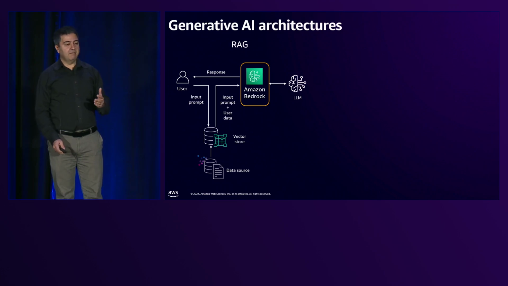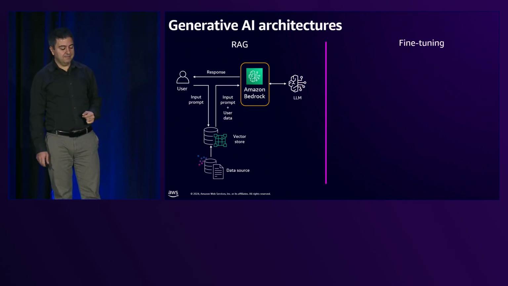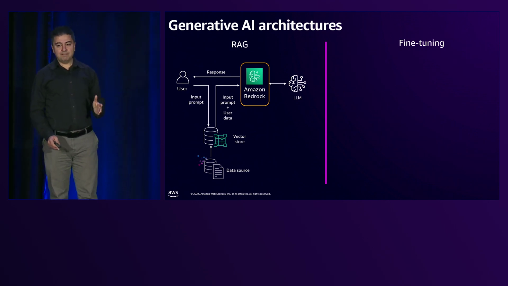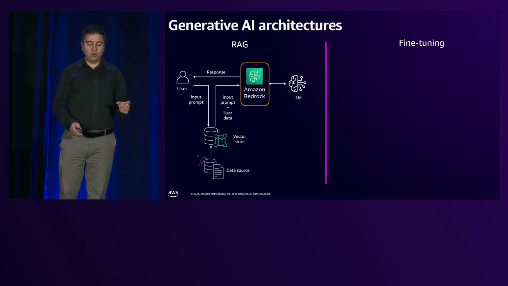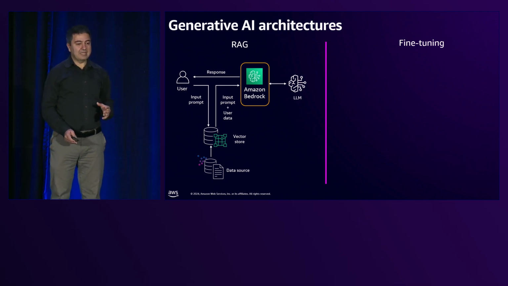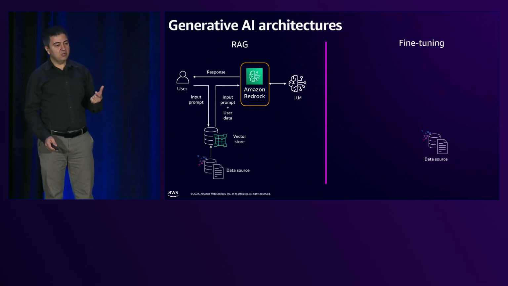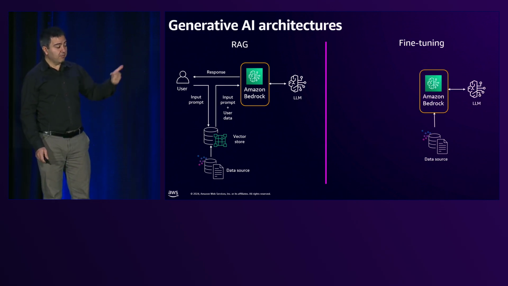And then the response will be generated and sent back to the user. So that's our RAG. Then the other pattern is using fine-tuning. Here, the purpose is that we don't send those contexts or that relevant knowledge every time, because that could add to the length of your prompt. Instead, we use the training data from our user to fine-tune a model.